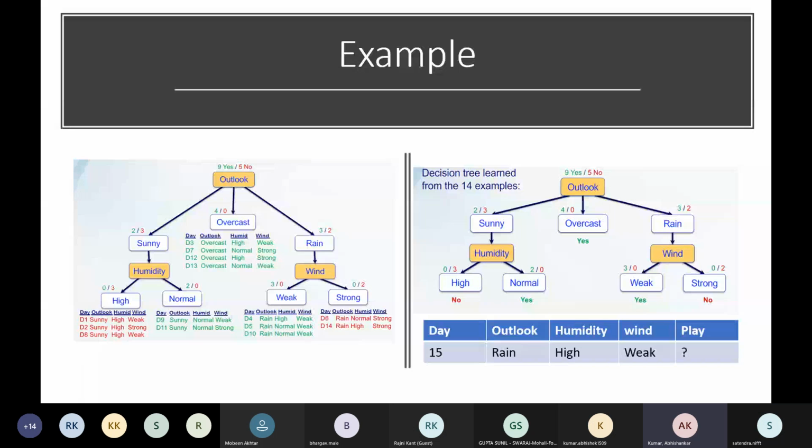Yes, all are saying yes. We have to go and play actually. Outlook, so it will move like this. Outlook rain means it will go to the right hand side, and then wind. Humidity is not a feature there, so it will go to wind, and then it will match weak. So it will go and play.